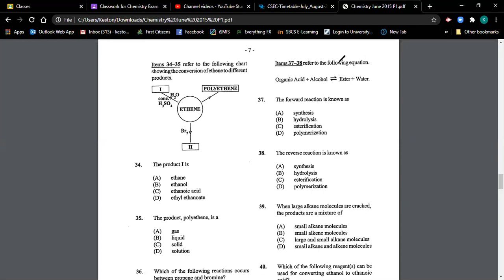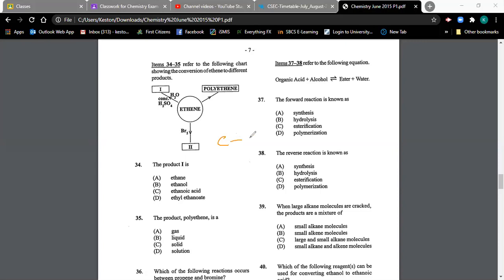You could add vinyl inside of there and you get polyvinyl chloride, right? Pretty much the same thing. The difference between polyethene and polyvinyl chloride is, in making polyethene, you're going to be using this as your monomer unit, and then you end up getting this as the polymer.